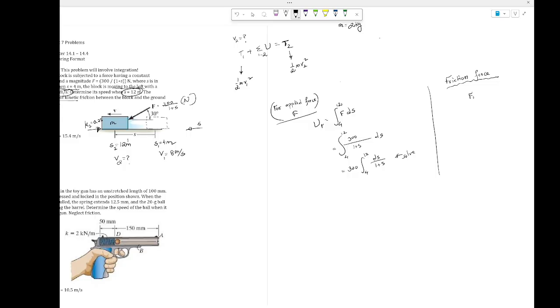Friction force is mu k times the normal force. They give you mu s. I don't know why they give mu s; they should be writing mu k, because it's kinetic. Let me write what they wrote, it's fine. Multiplied by the normal force, where N is the normal force. All right. Now the question is, what is the N value here? Anybody know?